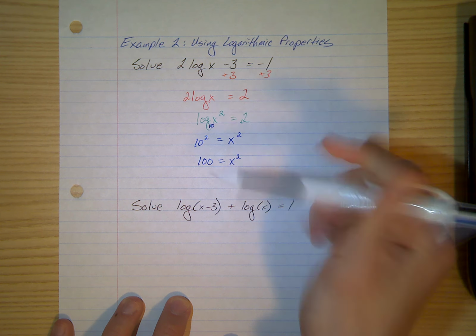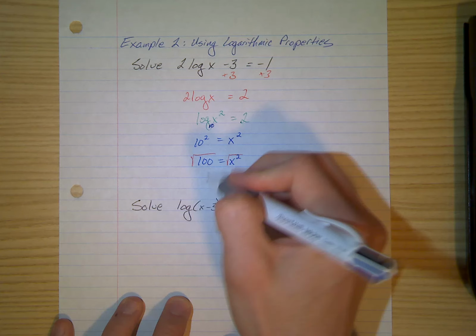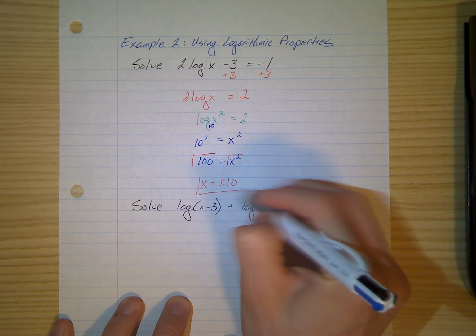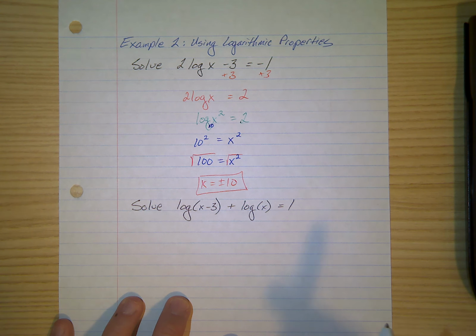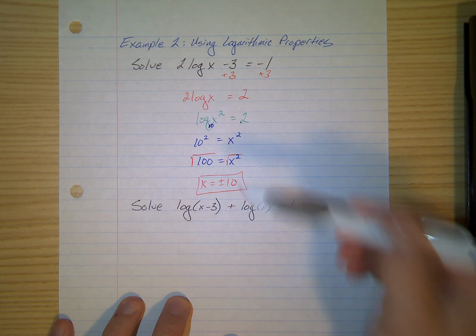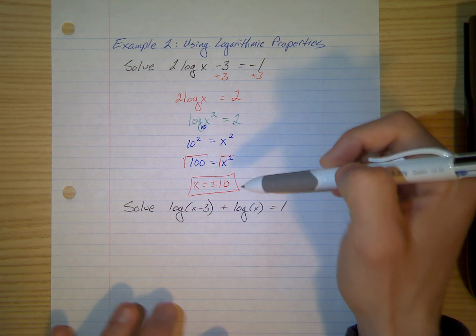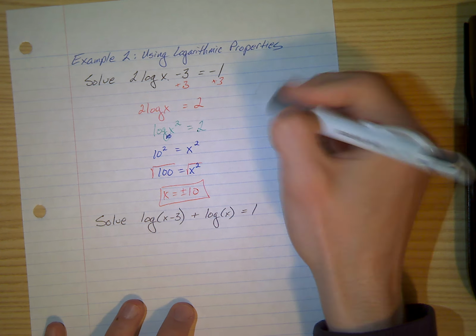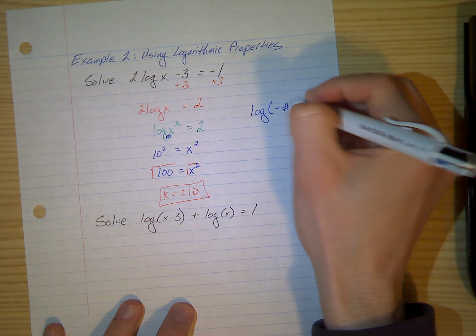And the reason why we had to add this plus or minus is because when we take the square root in an equation, we get plus or minus. So we have plus or minus 10 as the solutions to this logarithmic equation. Now, you do need to be careful though, because when we check, and we haven't done this before, you are not allowed to take the log of a negative number.